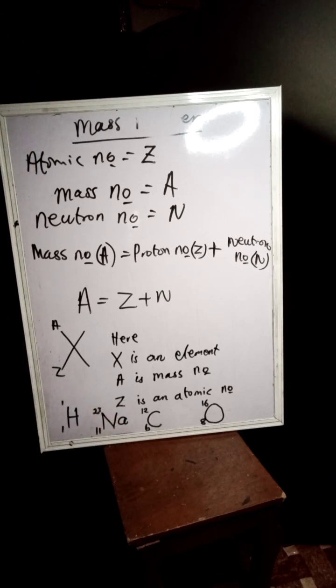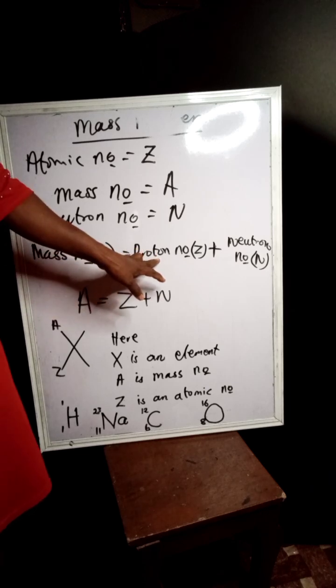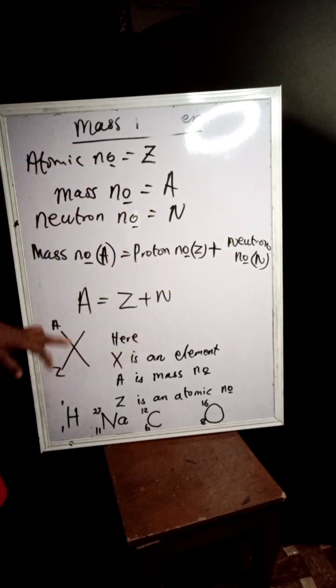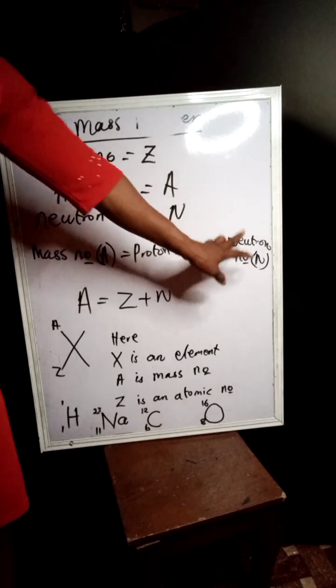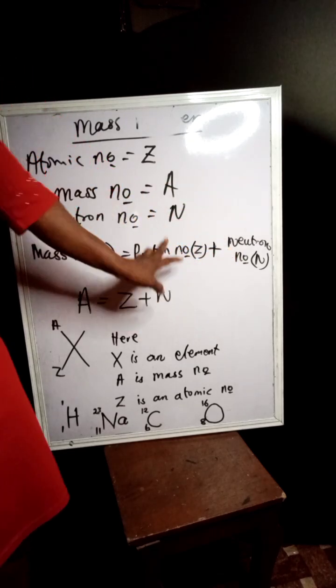So it means that the number of electrons must be equal to 11 for sodium to be electrically neutral. Now, if somebody asks me how many neutrons are present in sodium, what will I do? I will use this formula. Mass number is equal to the proton number plus the neutron number. Then I will make the neutron number the subject of the formula, thereby moving the proton number to this side.